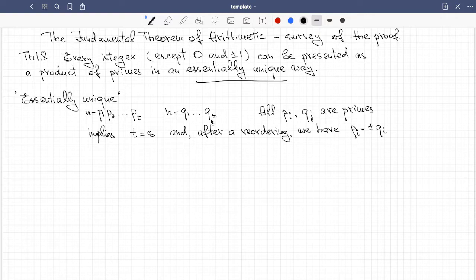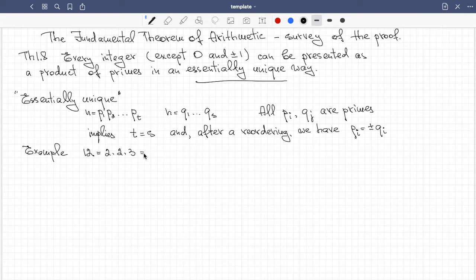As an example, consider the integer 12. 12 is, of course, 2 times 2 times 3. This is a product of primes.